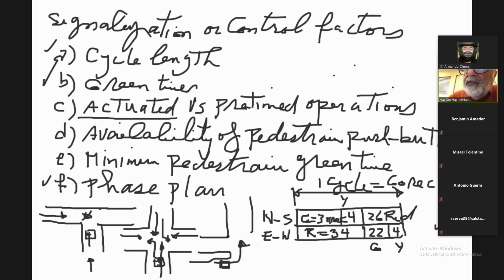So what we have to do is calculate, on average, how long it takes an average person to cross the intersection. So we have to allow enough time for him or her to cross. That's what we call minimum pedestrian green time. So we need this information on the signalization and controls. Any question on that?